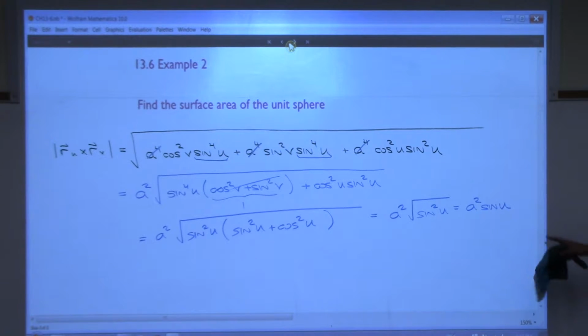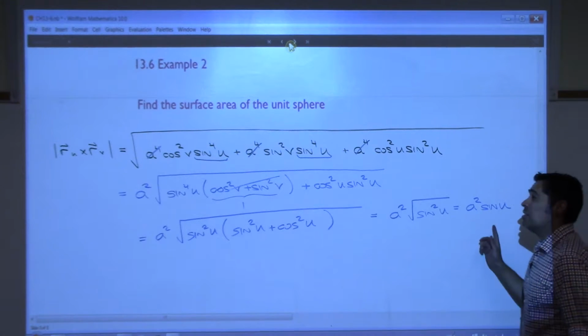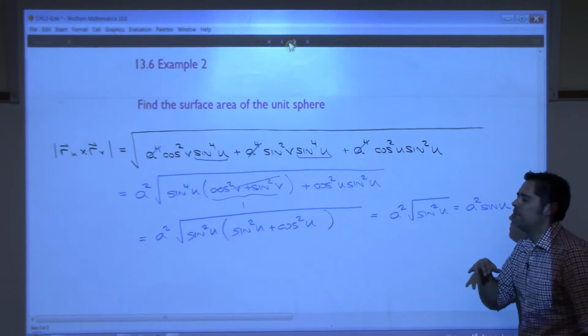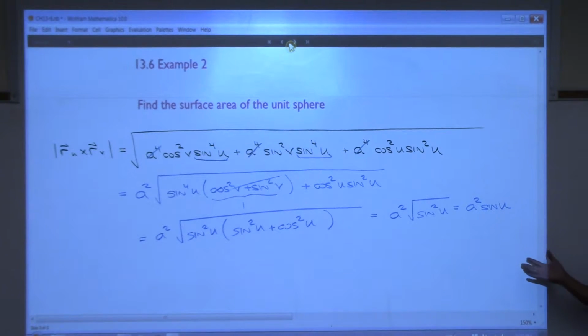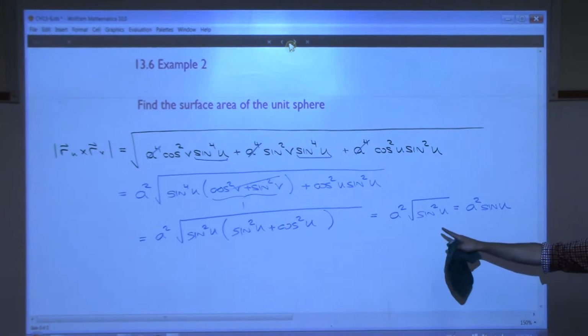I don't need to put absolute value because u is between 0 and pi. Sine is always going to be positive there, so we're good. We don't need to worry about that. All right, that's it. Any questions on where I got any of that?